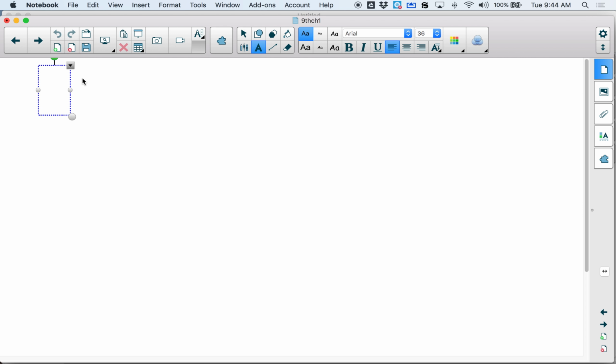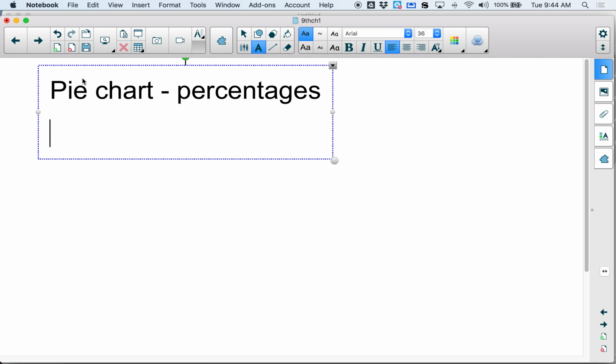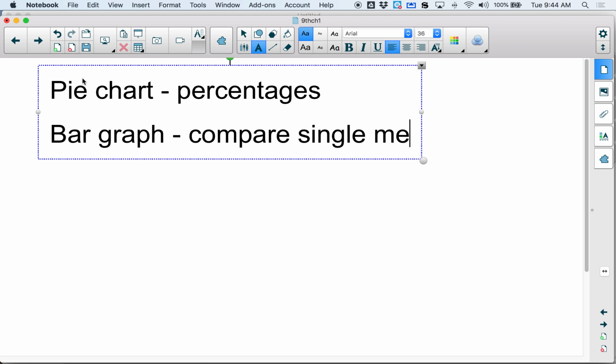So this would be good stuff to write down. Like you guys told me, a pie chart is good for percentages. A bar graph, we said, was good for comparing single measurements.